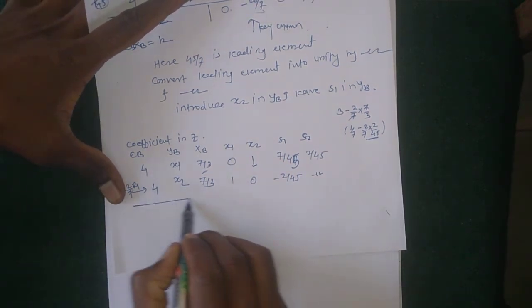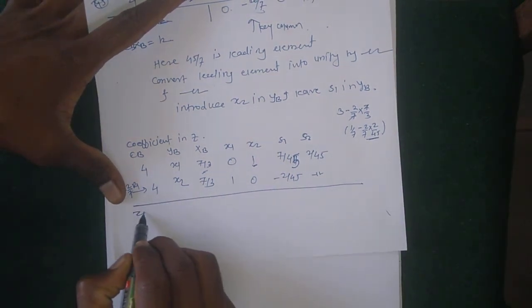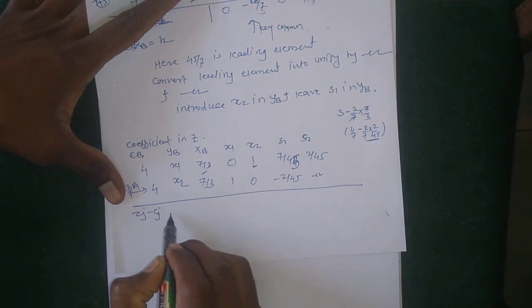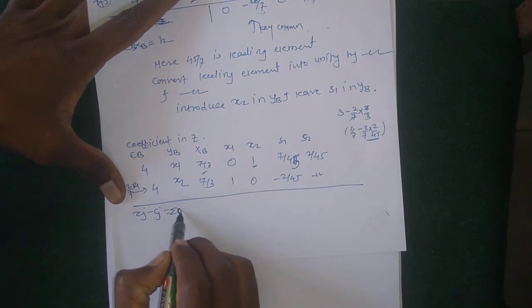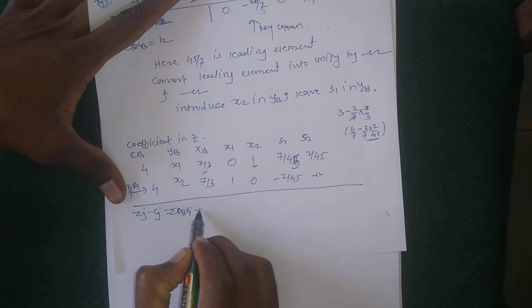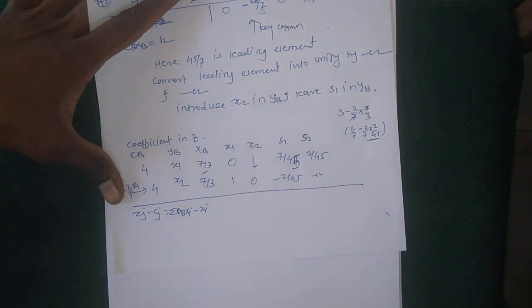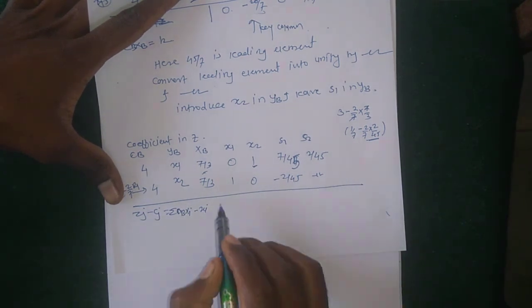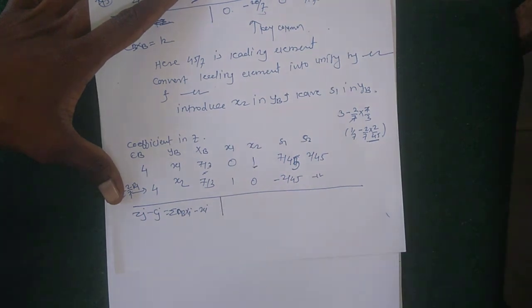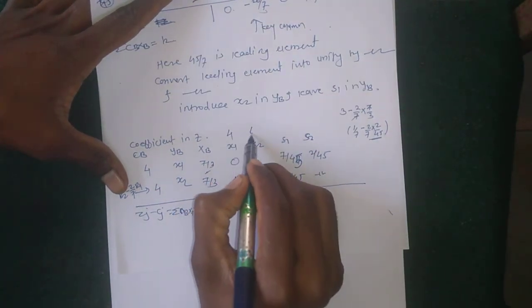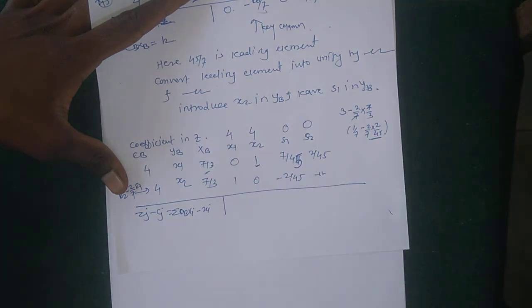Okay, so now we have to find the Zj minus Cj. Zj minus Cj is summation of CB minus Cj, because this is the last table, as all Zj minus Cj are greater or equal 0. Their value is 4 4 0 0.